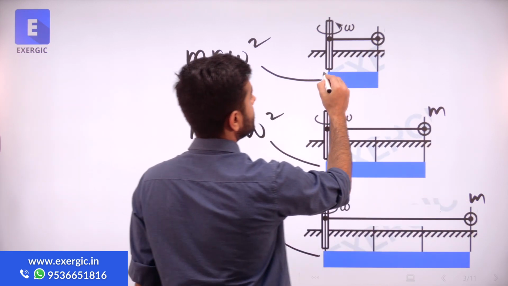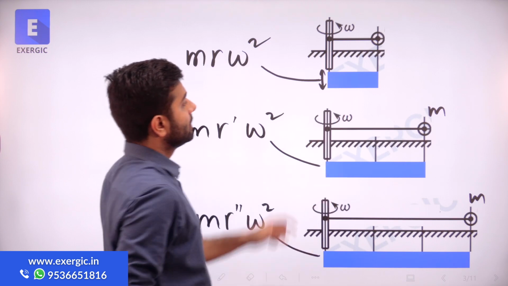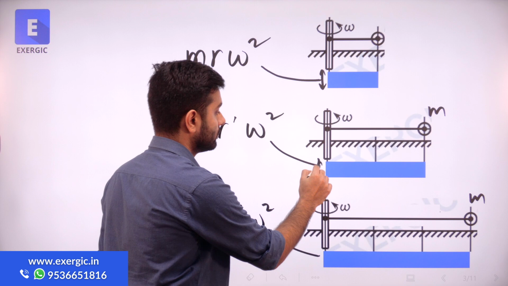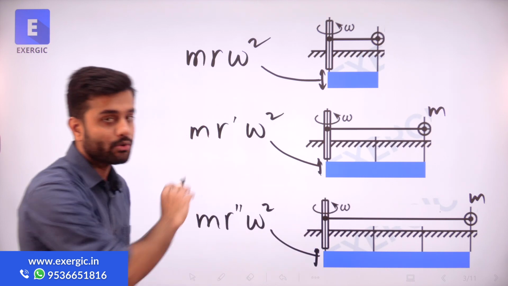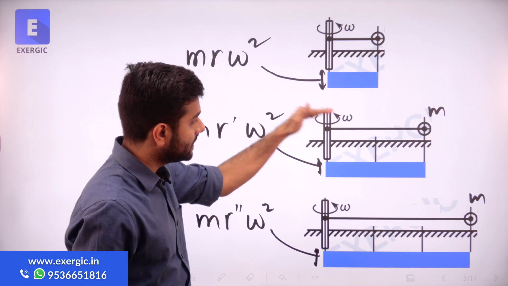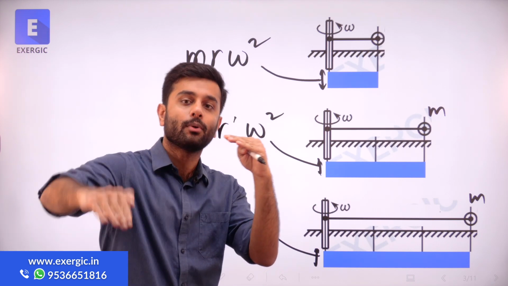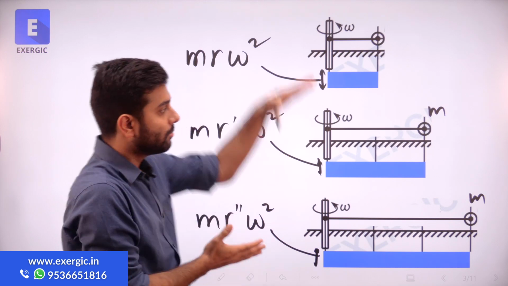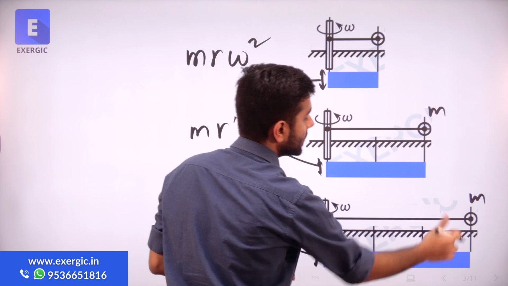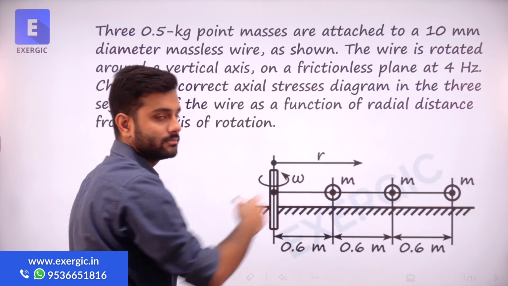How much is the value? This length, this height of this rectangle is representing this value. Constant value. Now coming to the question. What do we have in the question? Just these three masses superimposed on each other. Merge all of them together. If you merge the diagrams together, you will get this diagram.